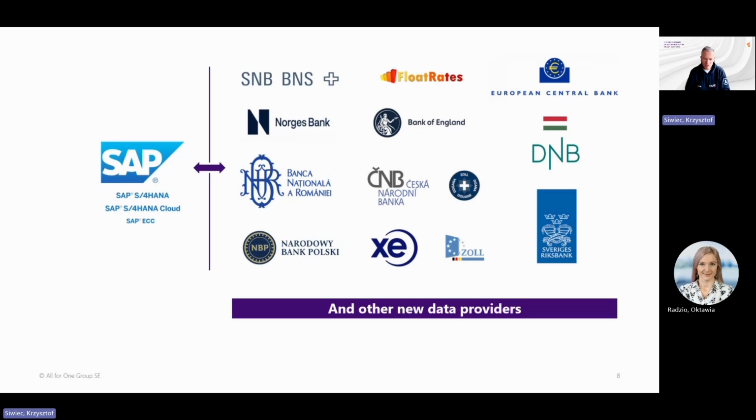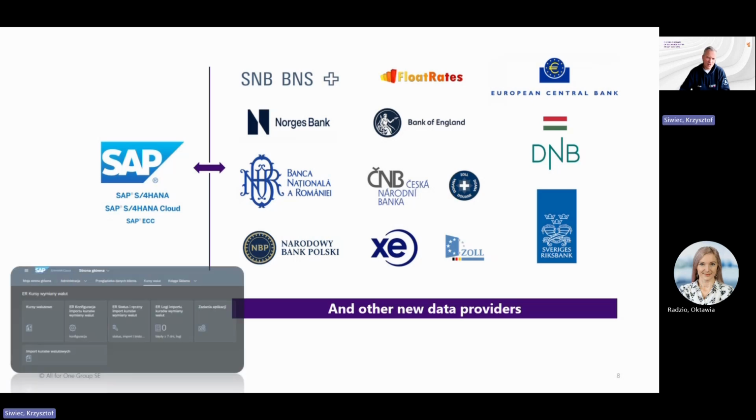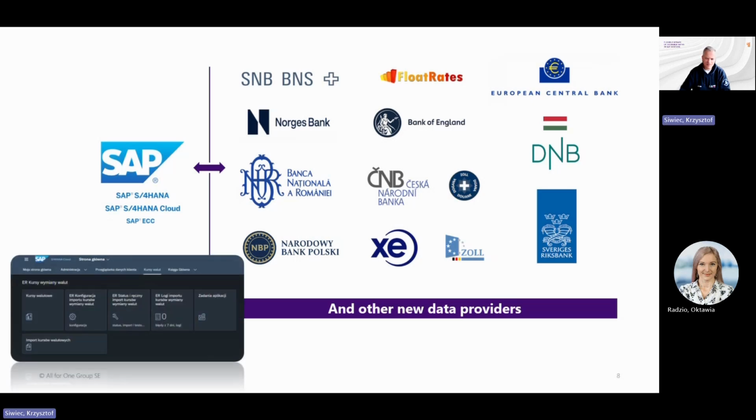And it connects to various data providers. Several data providers are already predefined, so you can connect to them without additional configuration. But if you need to connect to an additional bank or data provider, you just need several steps of configuration, and the connection is also possible. So you can add new data sources.